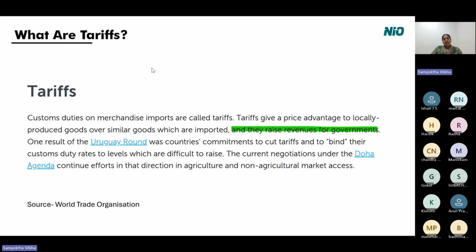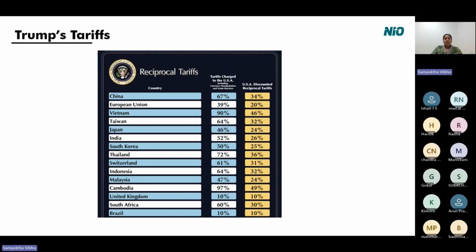So, keeping this as the tariff context in mind, we can start talking about what the US policy has been. So, there's a simple formula to sort of calculate the reciprocal tariff, right? The idea is that your tariff rate should be a negative half into the exports minus imports by the exports of the country.